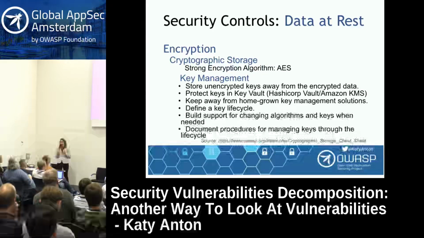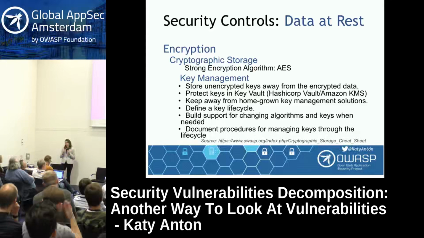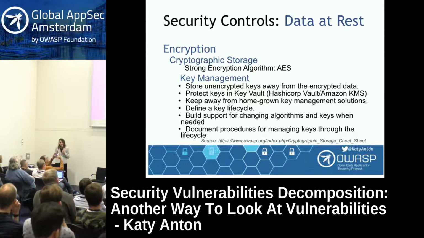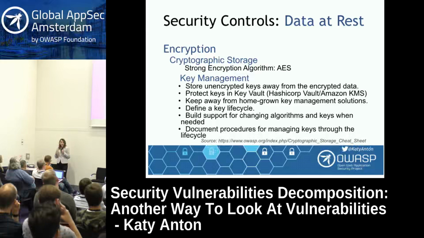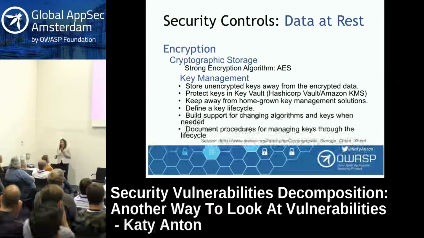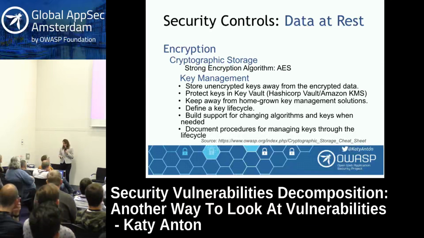But it's also important to define a key life cycle. We need to have in place a mechanism to replace those keys, because if the key has been compromised, then you need to do that anyway. So it's better to have defined a process in advance, so when this happens, you know exactly how to do it, and you have it documented as well.